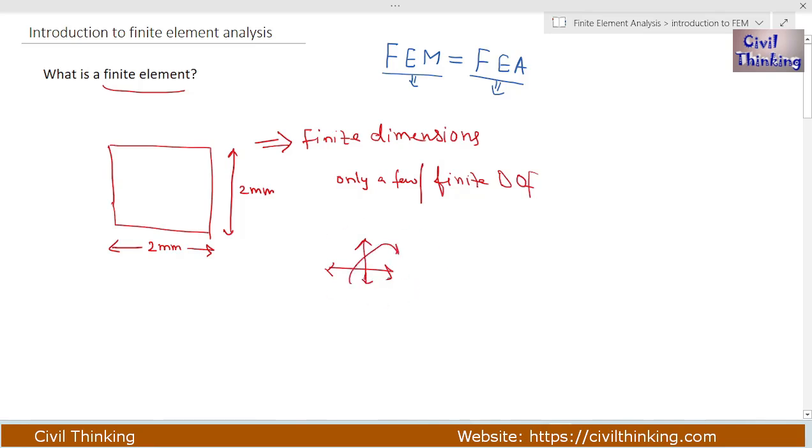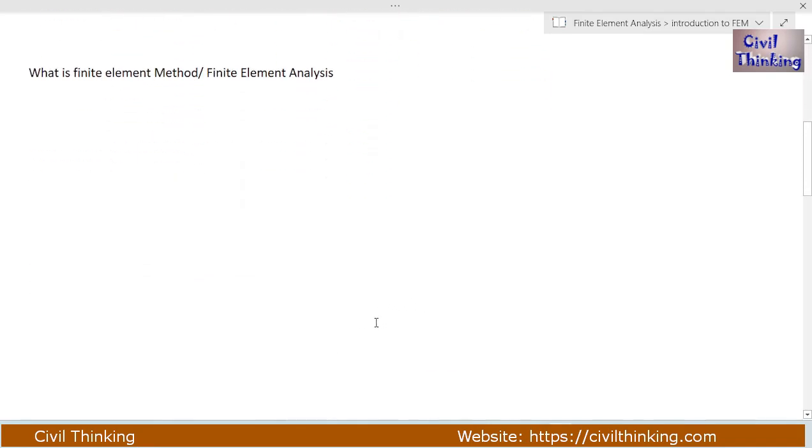So when we have finite degrees of freedom and finite dimensions, that thing is a finite element. This is the concept of a finite element. So let's move further.